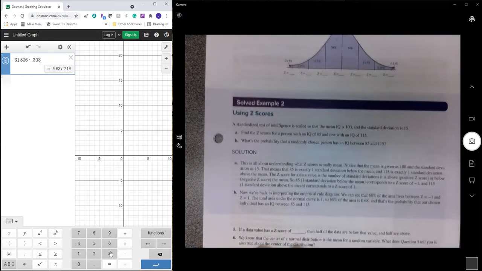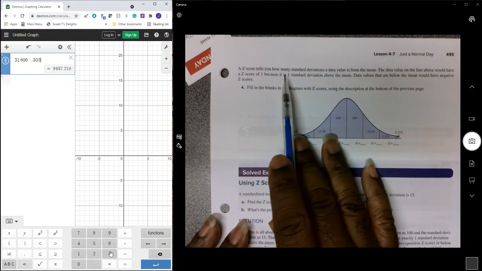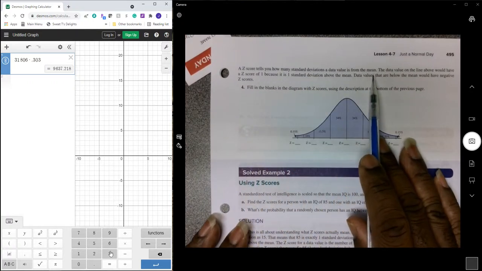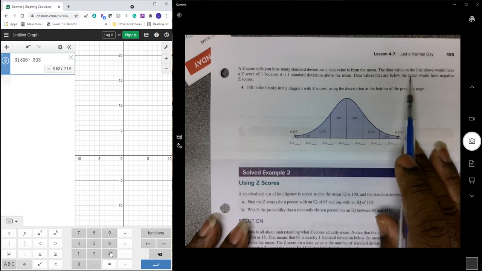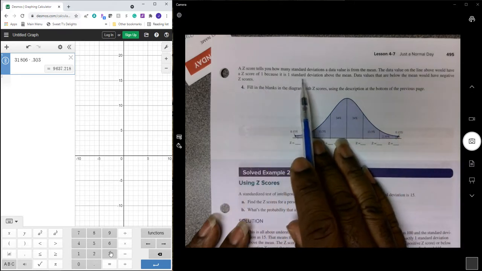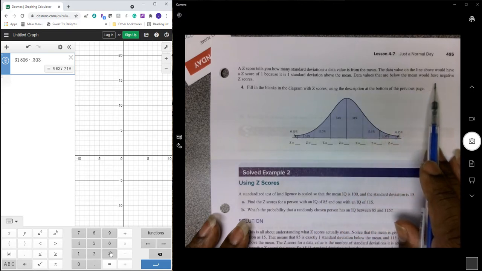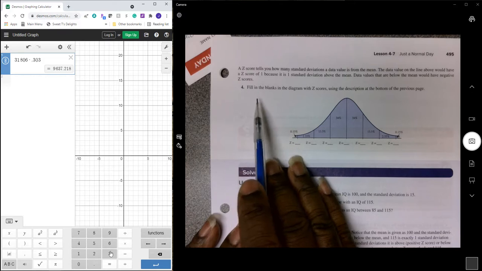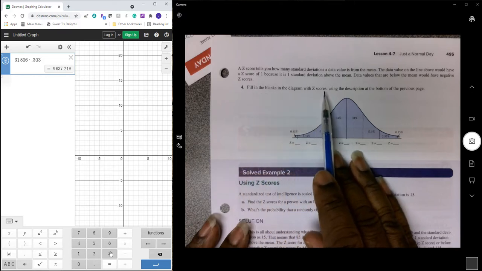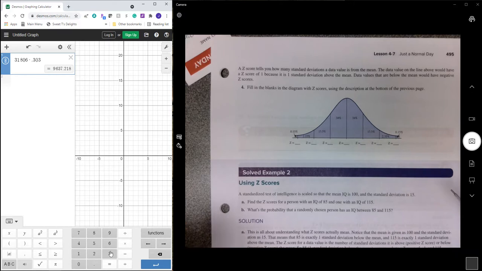So now we go here. It says a z-score tells you how many standard deviations the data value is from the mean. The data value on the line above would have a z-score of 1 because it is 1 standard deviation above the mean. Data values that are below the mean would have negative z-scores. Fill in the blanks in the diagram with z-scores using the description at the bottom of the previous page.